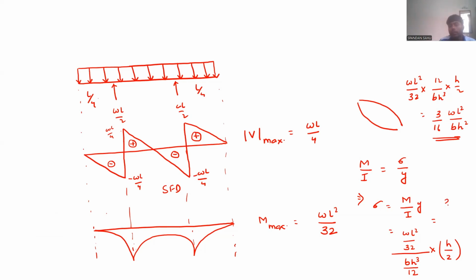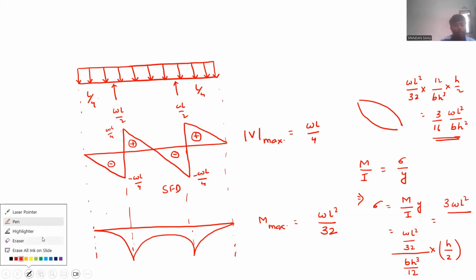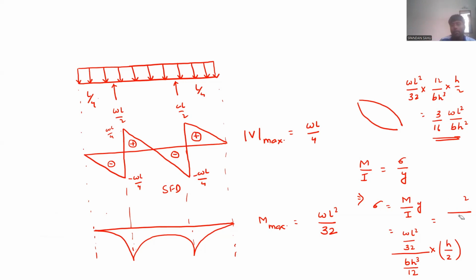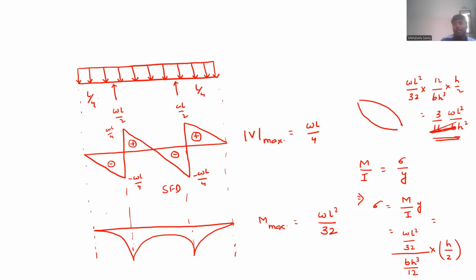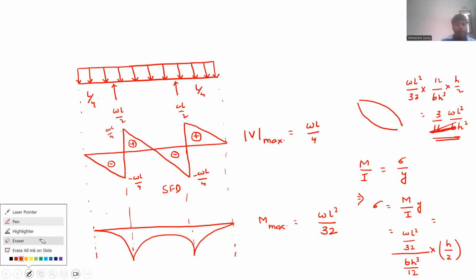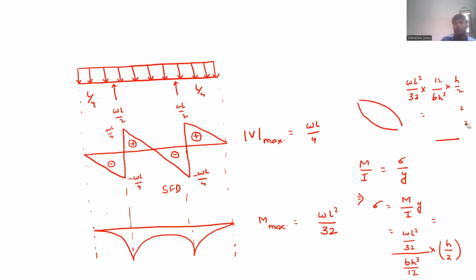So you are getting 3WL square by 16 BH square. So the maximum bending stress that can be found in this type of beam is 3WL square upon 16 BH square.